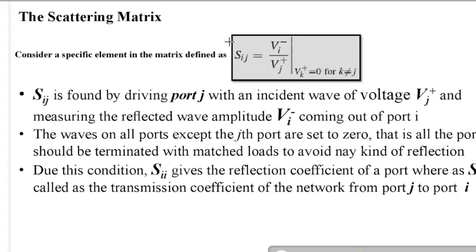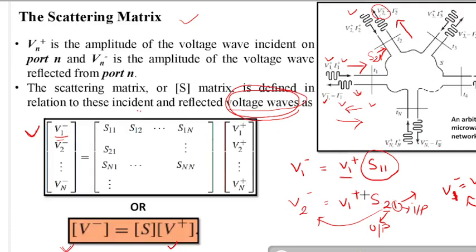Now here, what is important to understand? This is defined as Sij is equal to Vi minus divided by Vj plus. So where is it coming from? S11 is equal to V1 minus divided by V1 plus, or here S21 is equal to V2 minus divided by V1 plus.